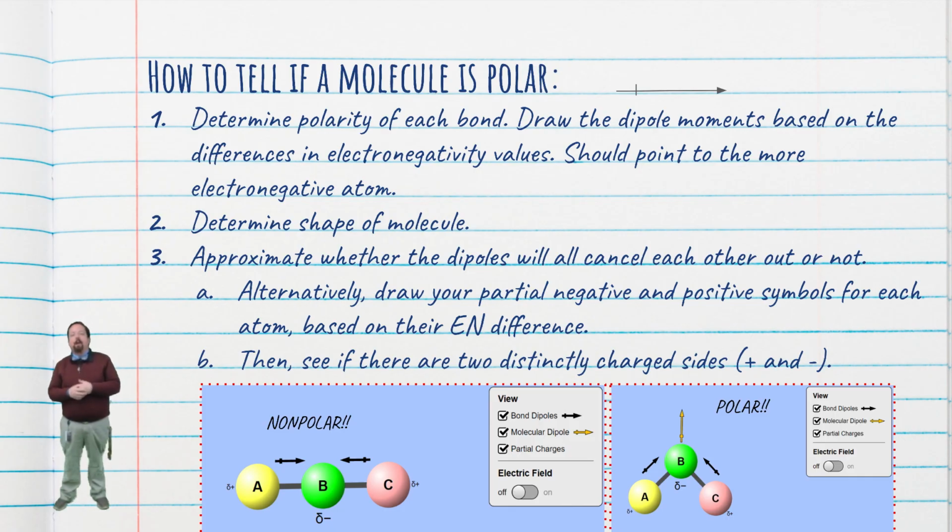Basically, if you draw the partial negative and partial positive charges on the atoms correctly, more electronegative atoms get partially negative charges, less electronegative atoms get partially positive charges, and you see that there's clearly one side of the molecule with all the negatives and the other side with all the positives. That's a polar molecule.